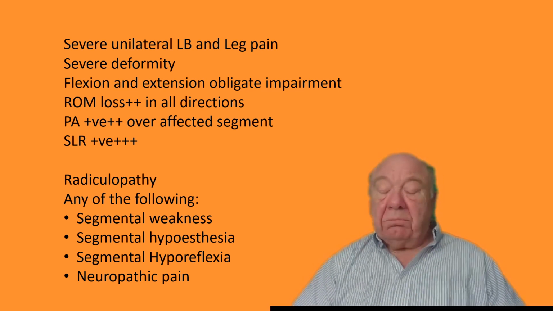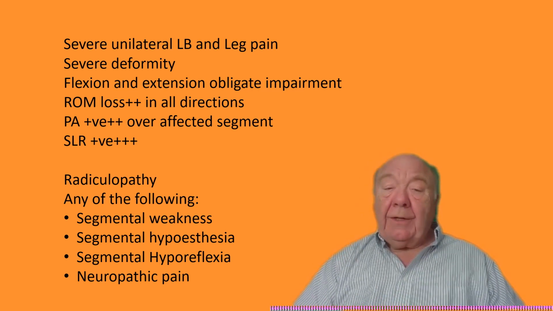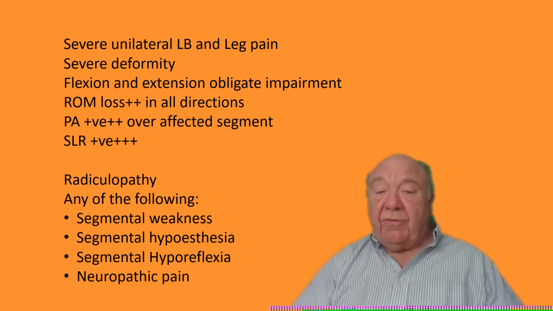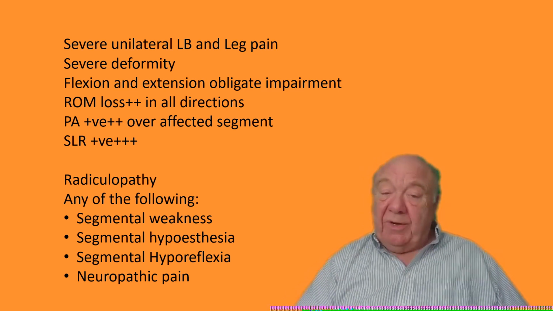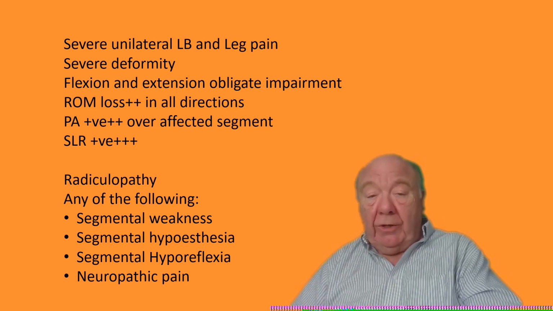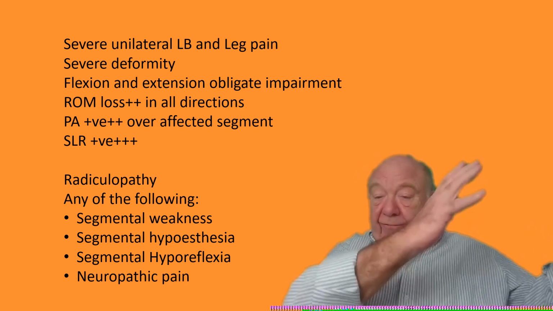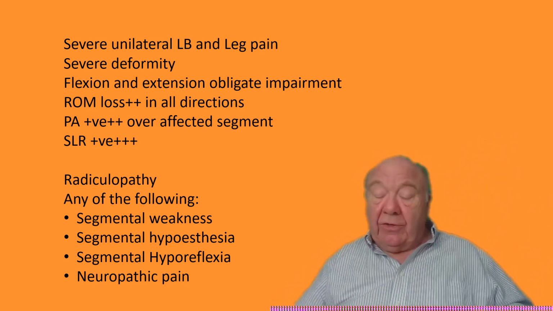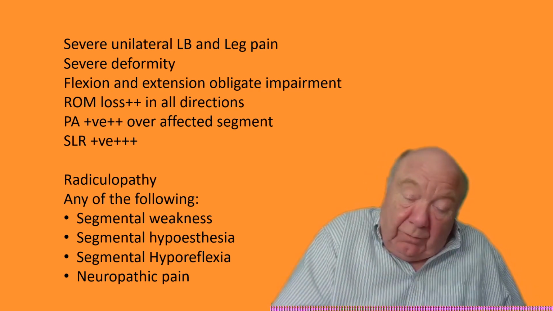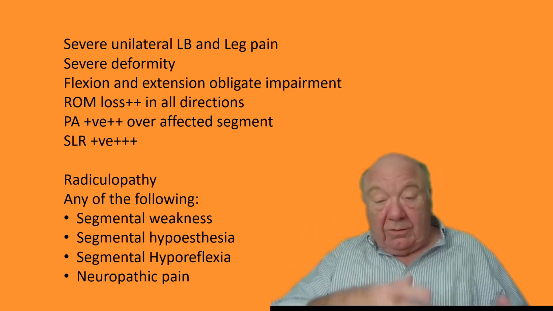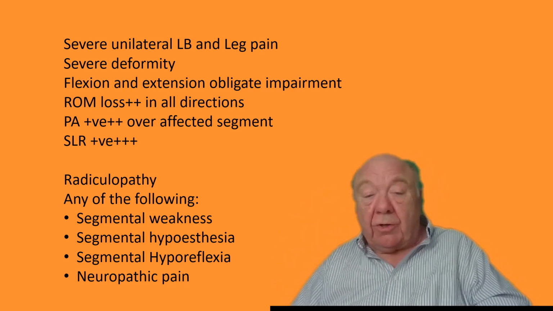So, diagnostic criteria. The disc itself: severe unilateral low back and leg pain, severe deformity, so kyphorhodoscoliosis. This is not like the Mackenzie shift that just goes sideways. This thing is flexed and basically rotated and slight flex. So it's a kyphorhodoscoliosis.